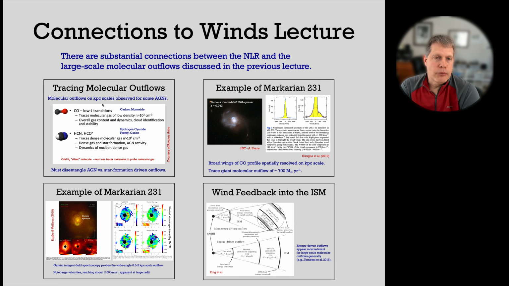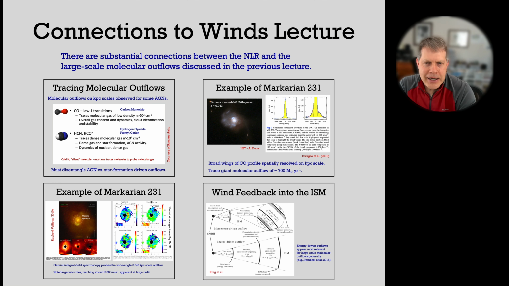Remember that in the previous lecture we talked about, for example, how people can trace large-scale molecular outflows from active galaxies using tasty things like carbon monoxide and hydrogen cyanide, and how you can see evidence for broad line profiles in carbon monoxide that trace giant molecular outflows with tremendous amounts of gas outflowing, and how you can also use integral field spectroscopy to see outflows, and these outflows may provide feedback to the interstellar medium.